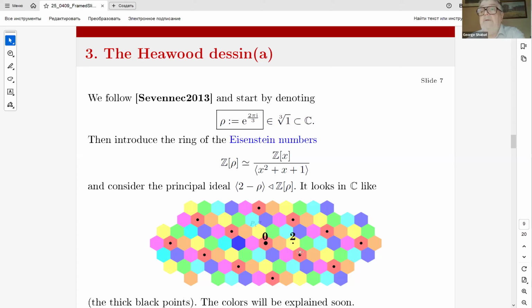So in formulas, this ideal is defined as the one defined by this point, but with the same motivation, we could choose this or this or this or this. It is not defined canonically.